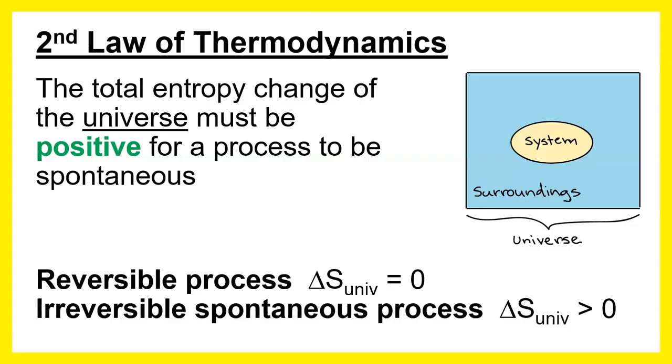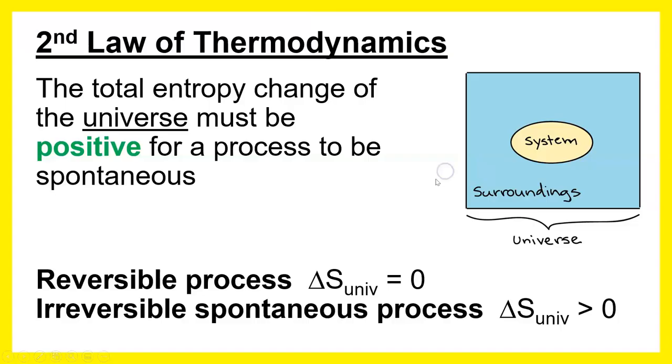More normally, it would be irreversible, and we'd see a positive delta S for the universe. We can still have a negative entropy for the system as long as the change in the surroundings can overcome it.